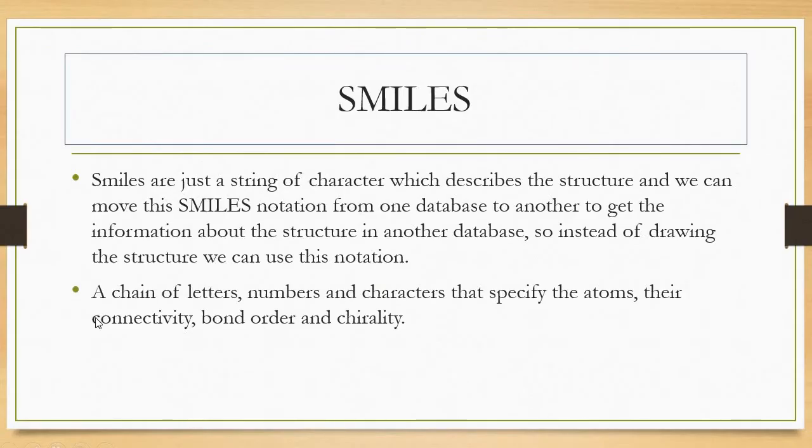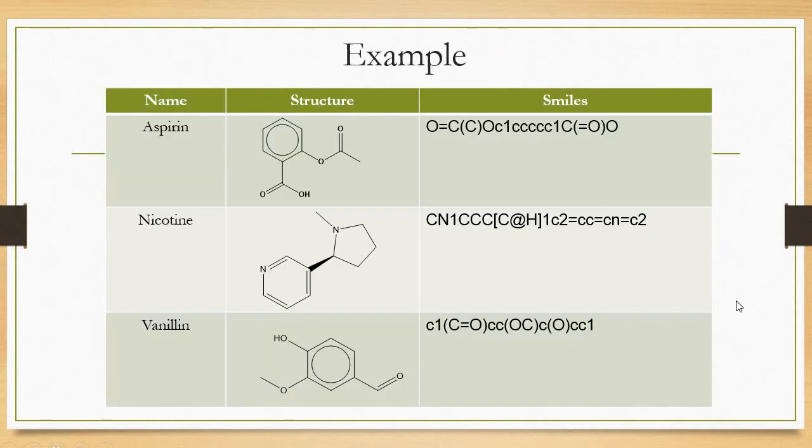So SMILES are a chain of letters, numbers and characters that specify the atoms, their connectivity, bond order and chirality. For example, this is the structure for aspirin, and this is the SMILES.